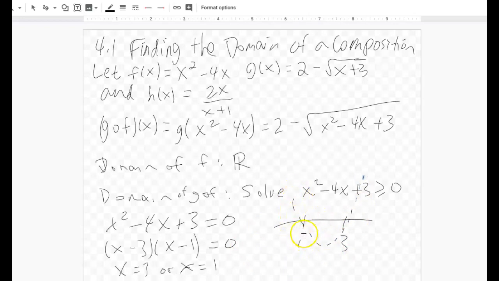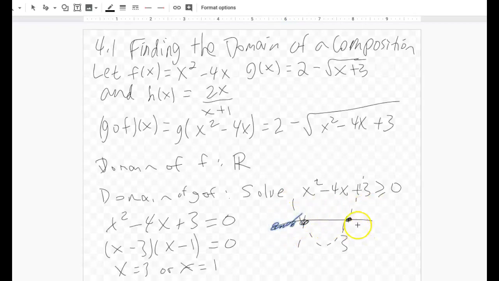And so that's telling me that 1 and 3 are part of the answers, because this is where the function is going to equal 0. And we're looking to see where the curve is above the x-axis. For what values of x is the curve above the x-axis?